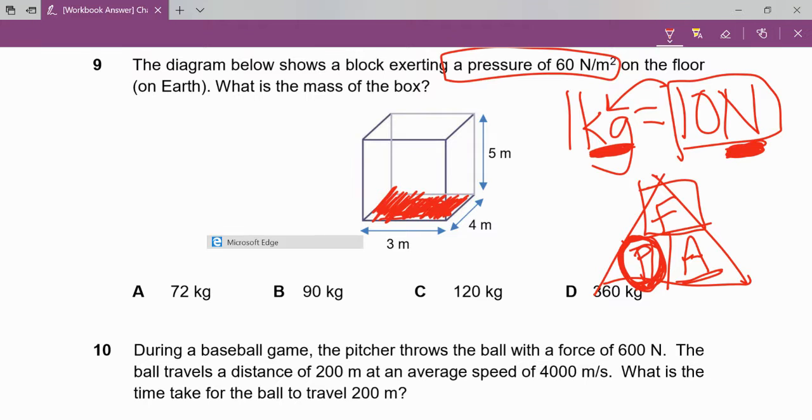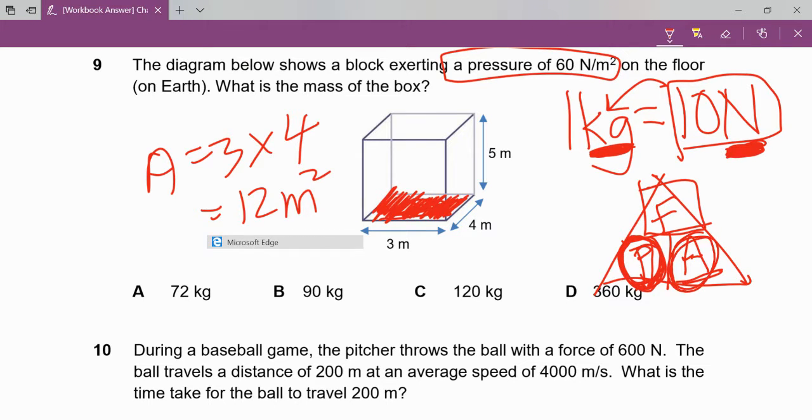So first, let's find the area, which equals length times breadth, 12 meters square. So that's step number 1. Now I have the pressure, and now I have the area.